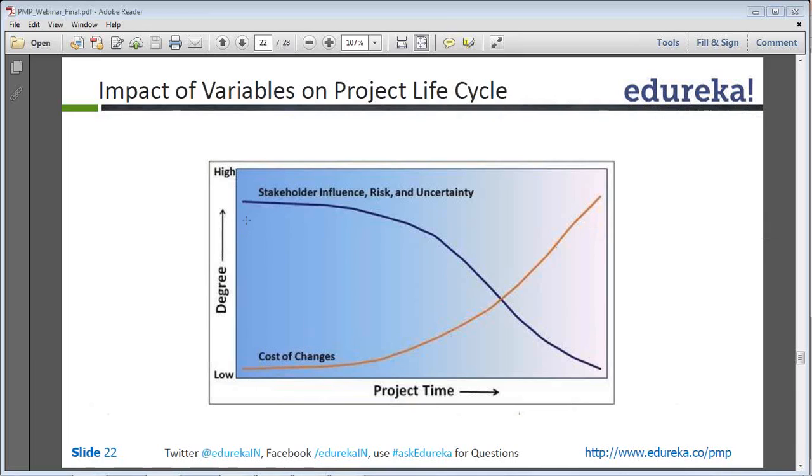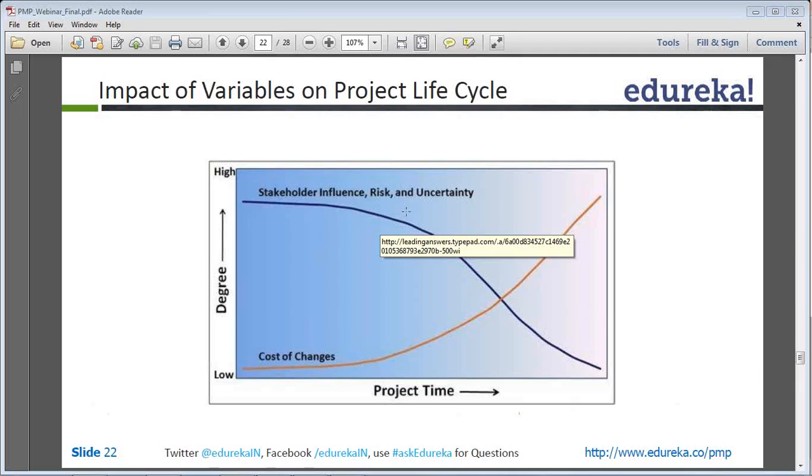it increases, whereas the stakeholder influence, the stakeholder involvement, risk and uncertainty are higher at the beginning. As the project goes, all these start decreasing because you have less stakeholder influence. In the beginning, we get to talk to them to understand the requirement, but after that it is our work where we do the development, etc. So it reduces.